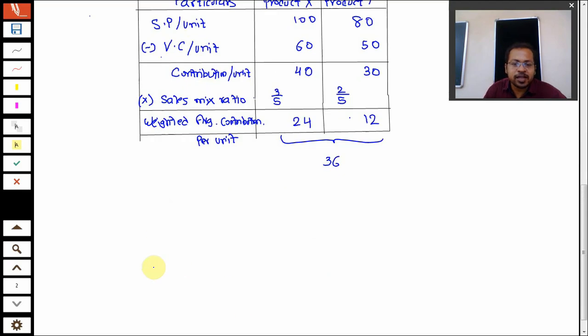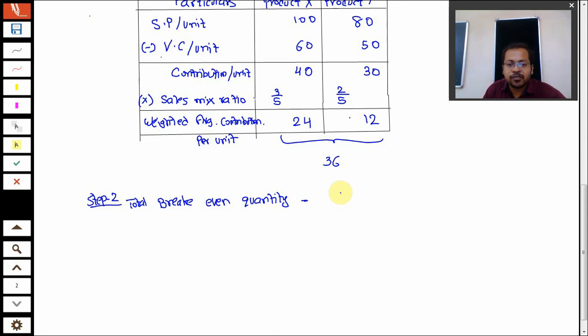So step number 1 is over. Now step number 2, we need to calculate break even quantity, okay, or the total break even quantity combined for both the products X and Y.